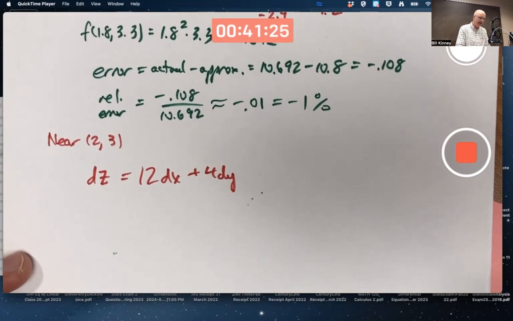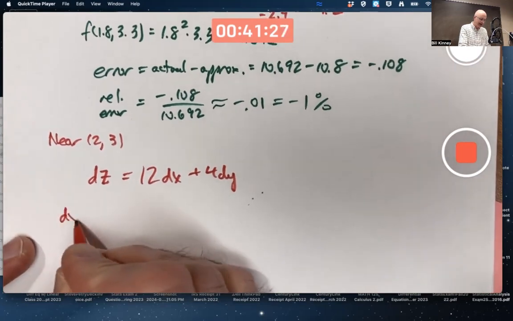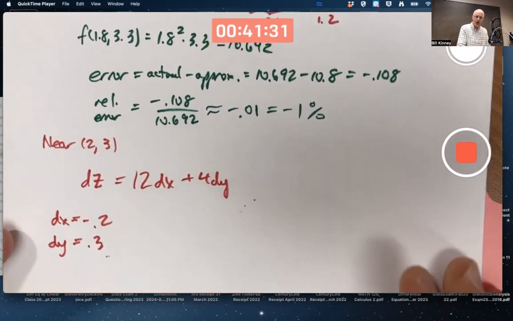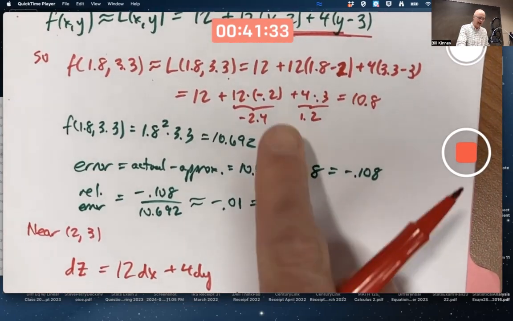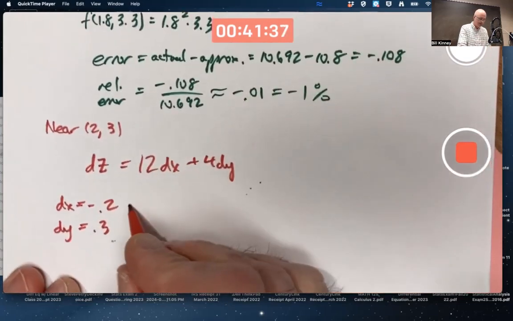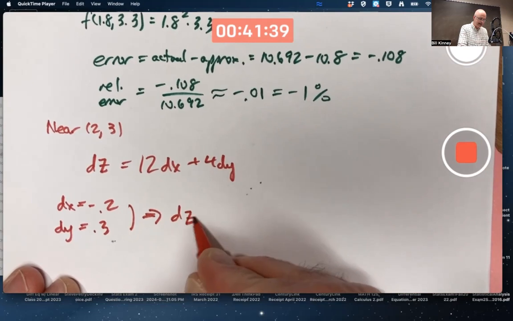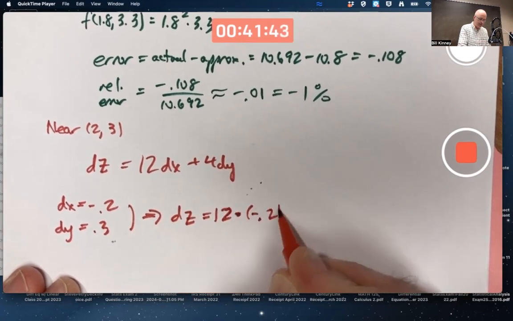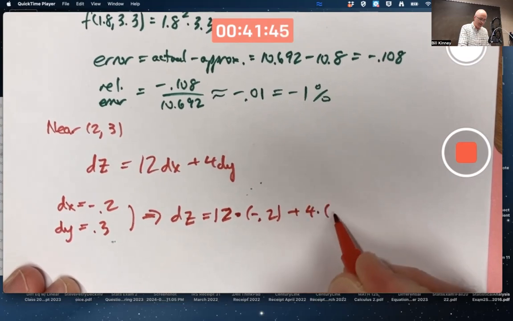So if dx is negative 0.2 and dy is positive 0.3, like they were, that implies dz is 12 times negative 0.2 plus 4 times positive 0.3.